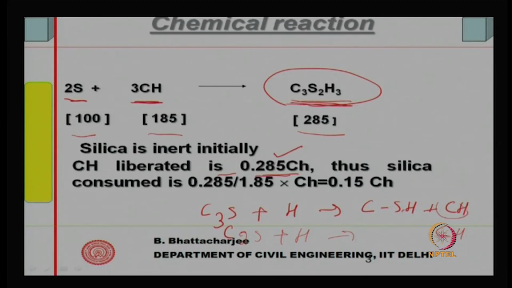So, from this stoichiometry we can calculate that the calcium hydroxide liberated is 0.285 C times H, where C is the amount of cement and H is the degree of hydration.